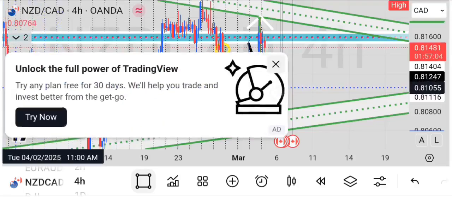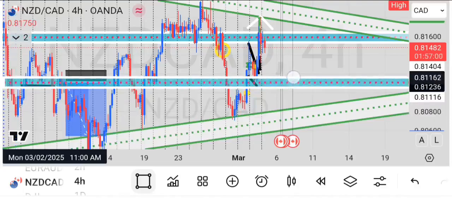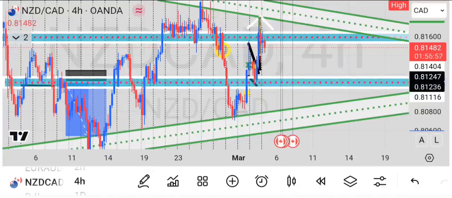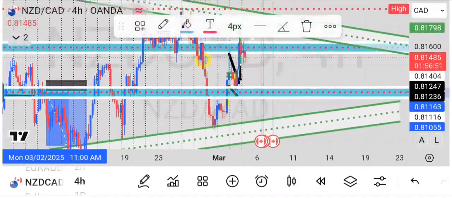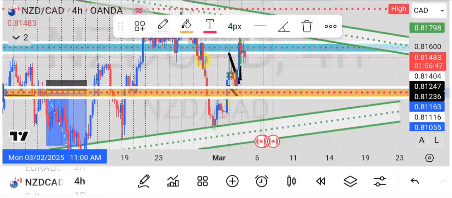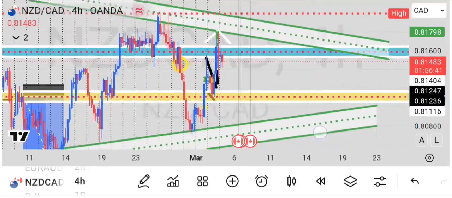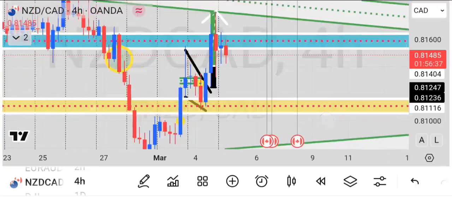Let me draw the rectangle. Okay, I have drawn it. Let me change the color to yellow. Yellow is nice, huh? Yellow is better. So as you can see, this was where I took the trade.